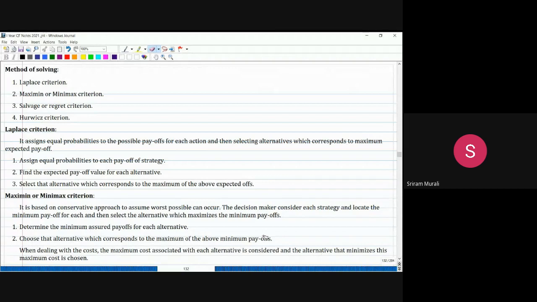So that is why we are taking maximum cost. Suppose it is a maximization problem, where are we getting more loss? So that loss must be reduced. It has to be increased with the profit. Have you understood? Yes, sir.